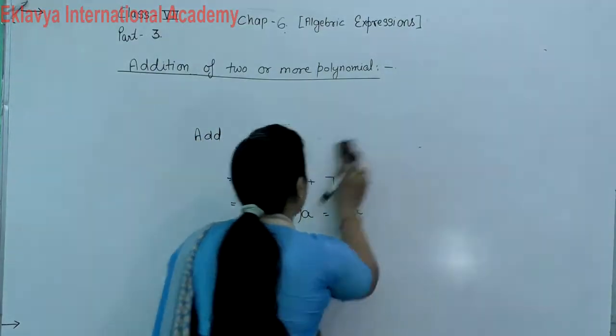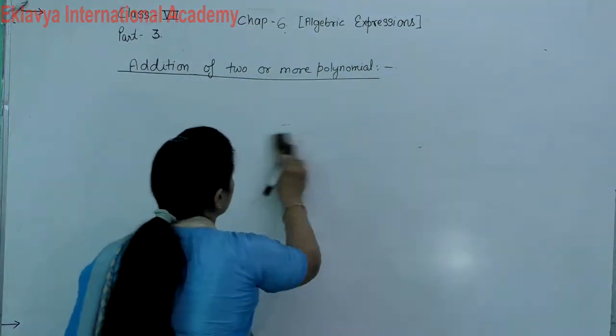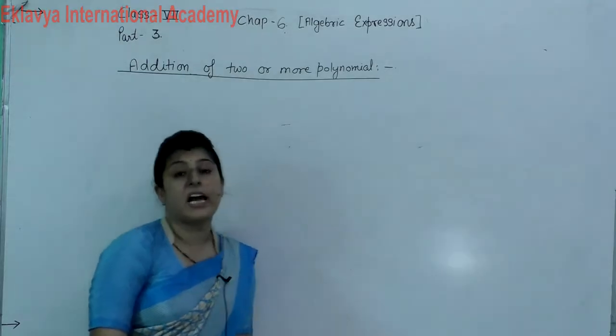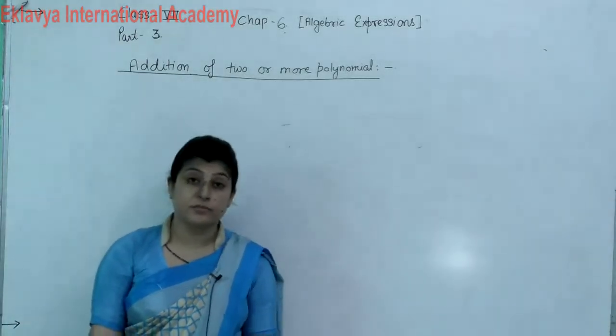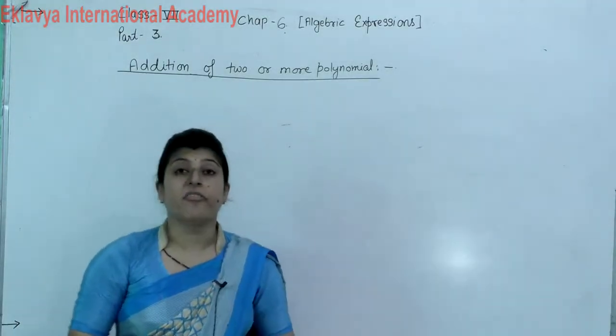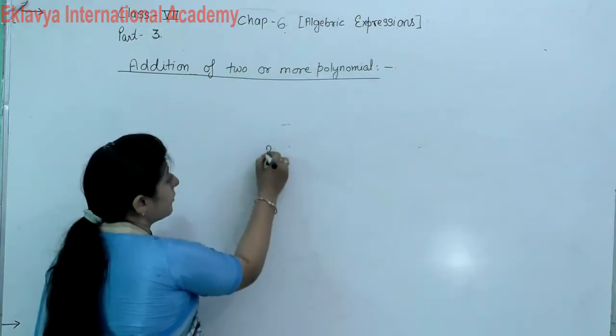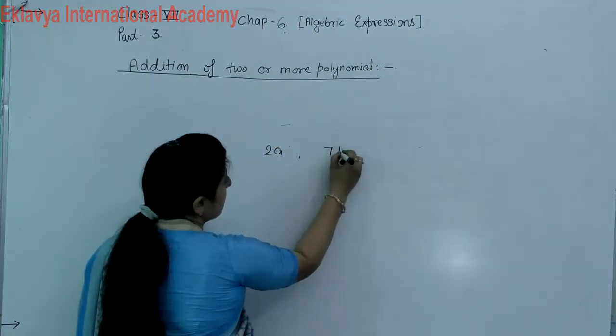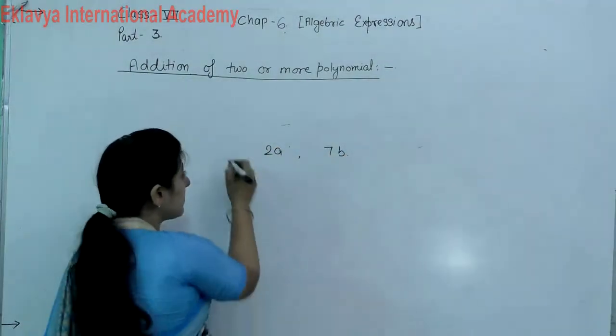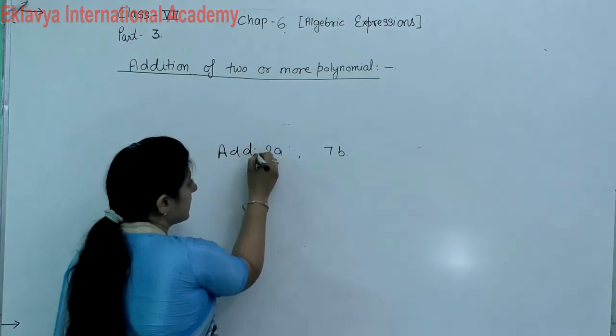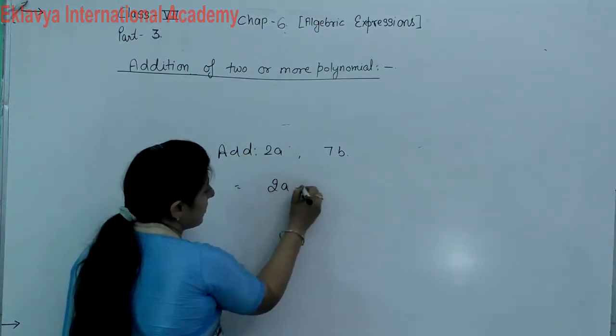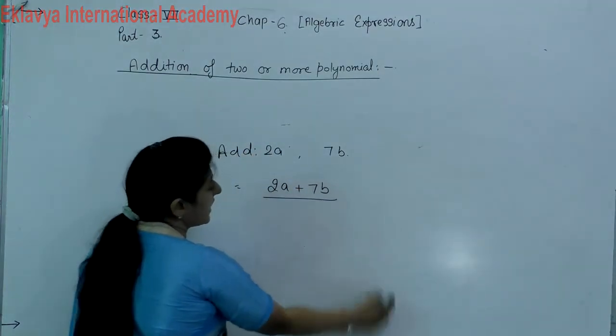We can add two or more polynomials if they have the same term, meaning like terms. If they are unlike terms, suppose there are two polynomials 2a and 7b and the question is add, then the answer is just 2a plus 7b.